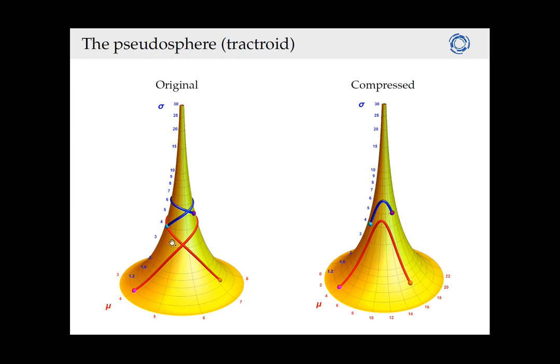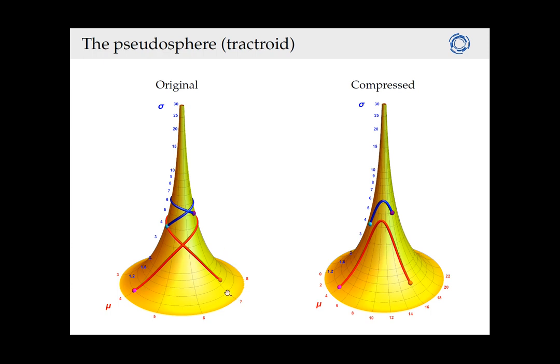So again, the model is called the pseudosphere or the tractroid in this case, and you have the mean of the Gaussian probability distribution in this circular direction.